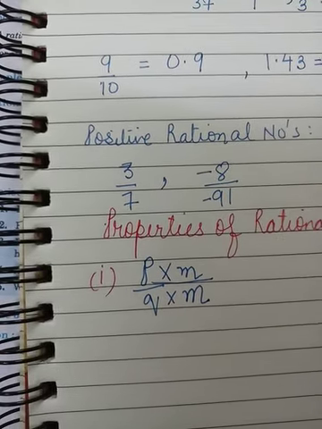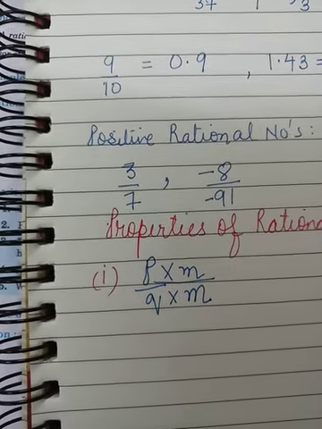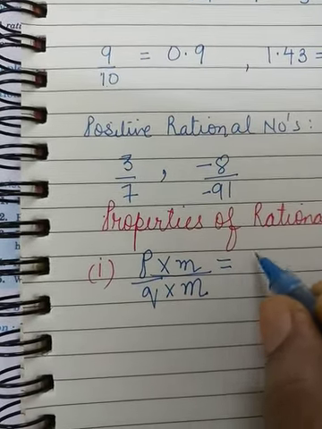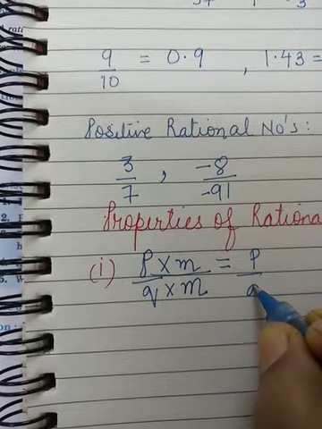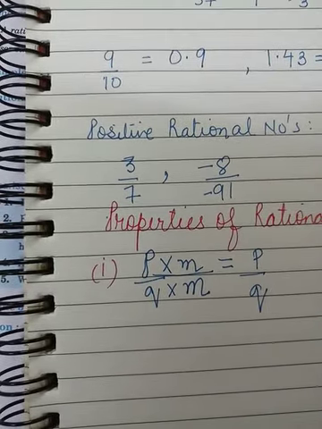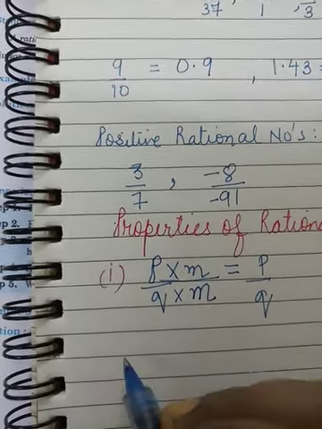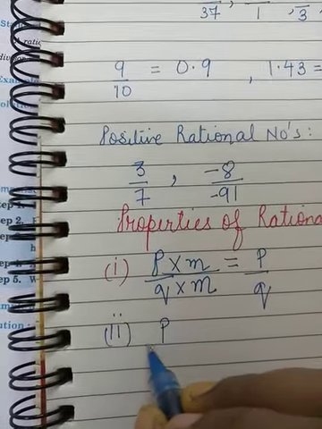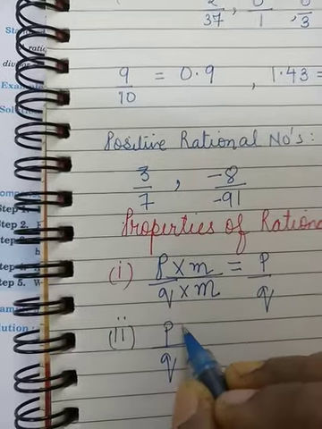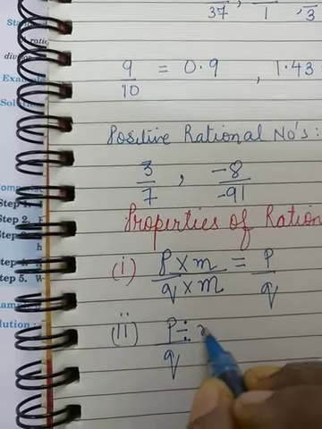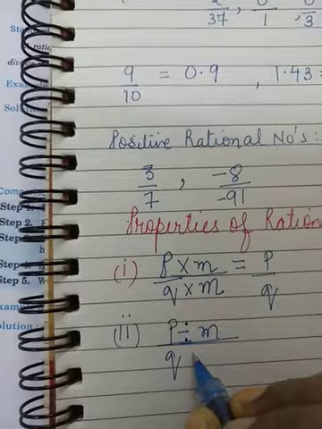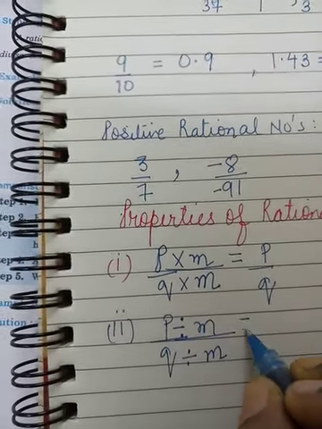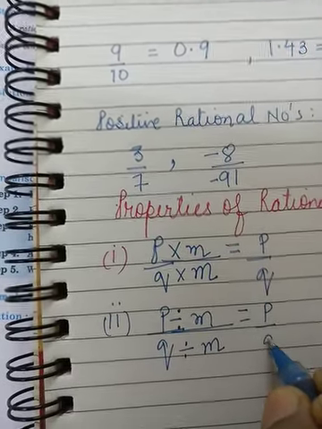So p into m upon q into m is equal to the original rational number, that is p by q. Similarly, the way we have multiplied, we can divide the numerator and the denominator of a rational number by the same number, and it does not make any change in the rational number.